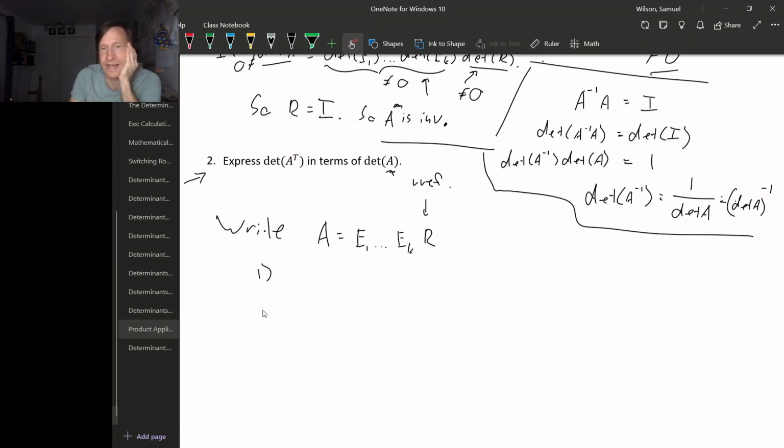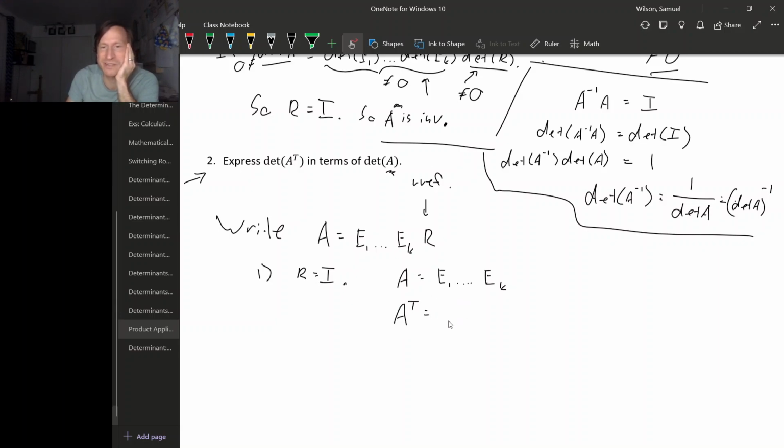First case is that R is the identity. So in this case, A is just E1 up through EK. Well, then what is A transpose?